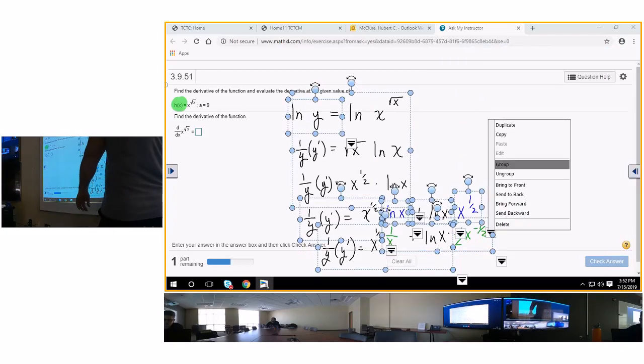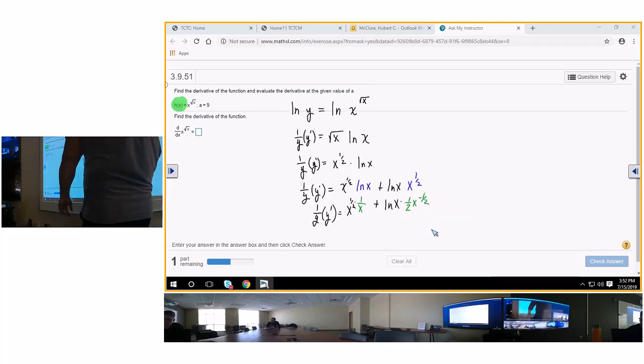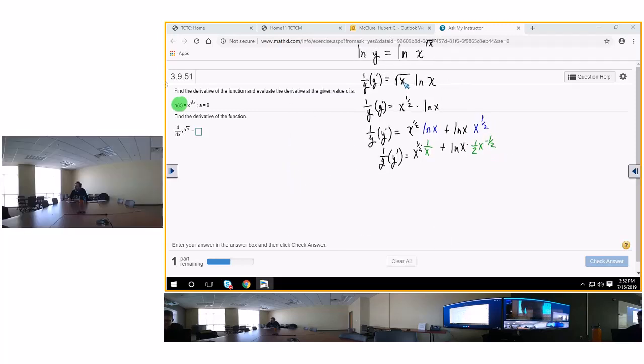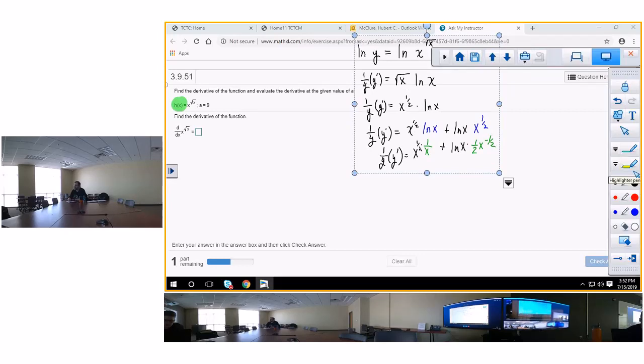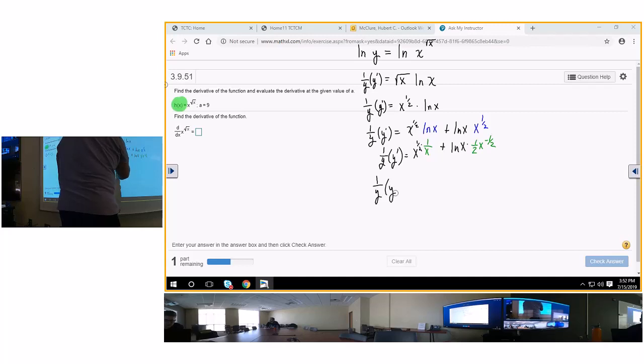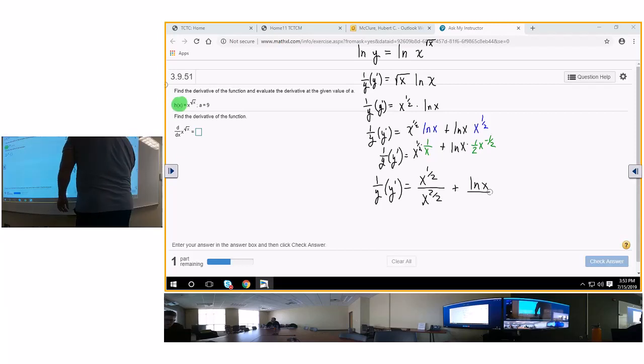I'm going to let y'all work that algebra a little bit. One over y prime is equal to x to the 1/2 over x to the 2/2 plus natural log of x over 1 times x to the negative 1/2 over 2.